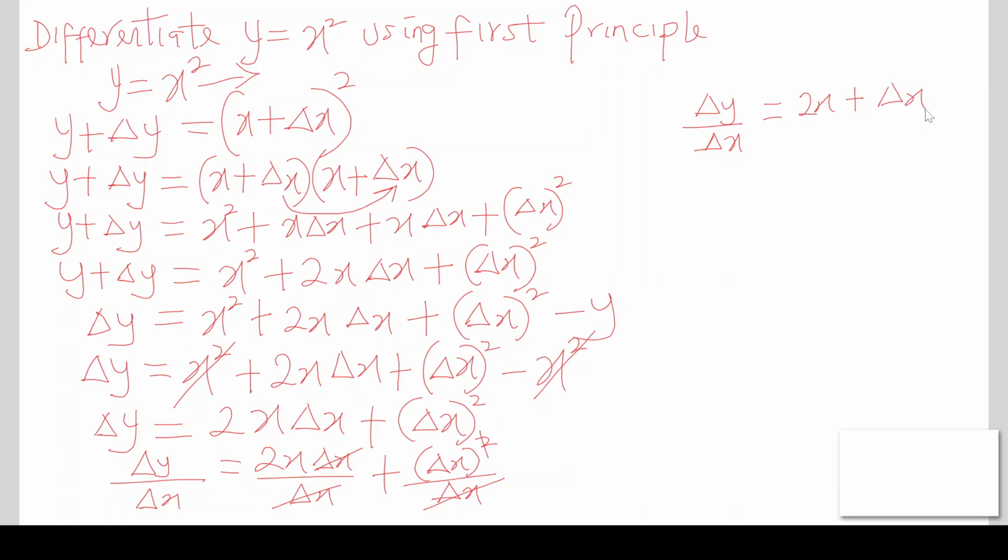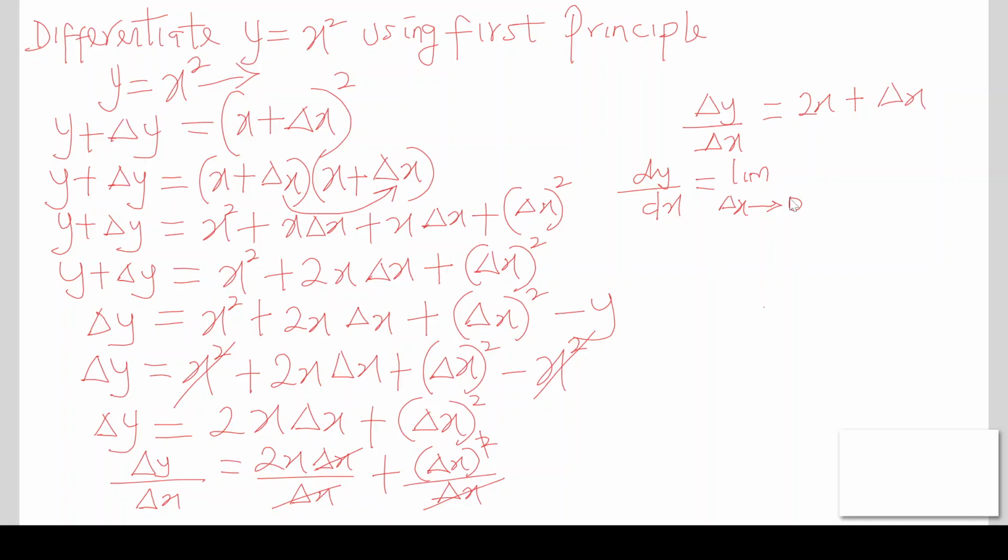So anytime we are setting limit, it means dy dx. dy dx equals limit as delta x tends to 0.